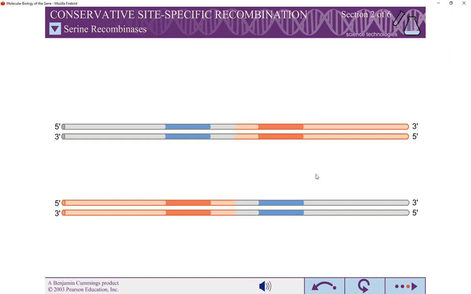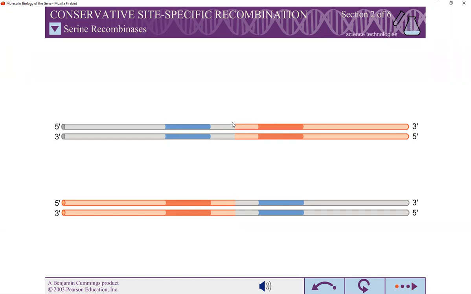Now, because this is a topoisomerase, as I have already indicated, the enzyme which is responsible for the integration or for the site-specific recombination is a type 1 topoisomerase. Integrase is a type 1 topoisomerase, so it will not require any external input of energy.